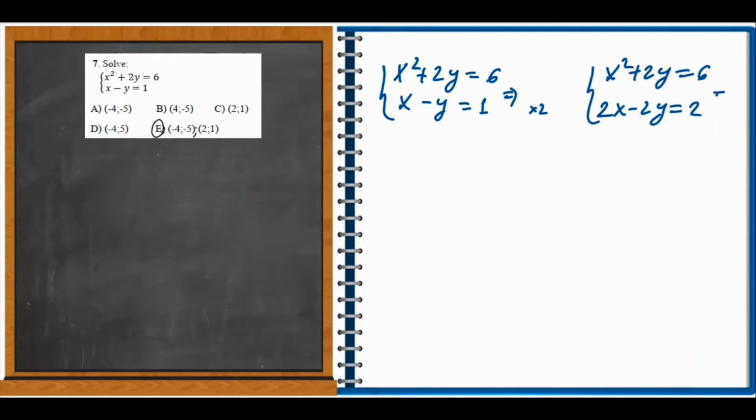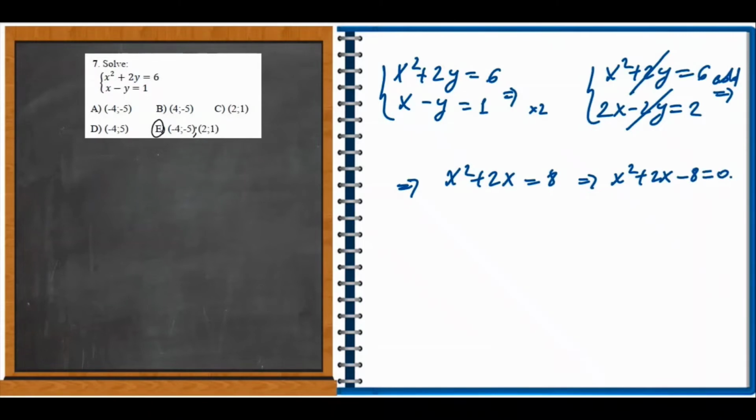Now we can add the equations. So when we add the equations, what we get is x squared plus 2x is equal to 8, because these terms will be eliminated. Now it's a quadratic equation, x squared plus 2x minus 8 is equal to 0. We can solve it with Vieta's rule.